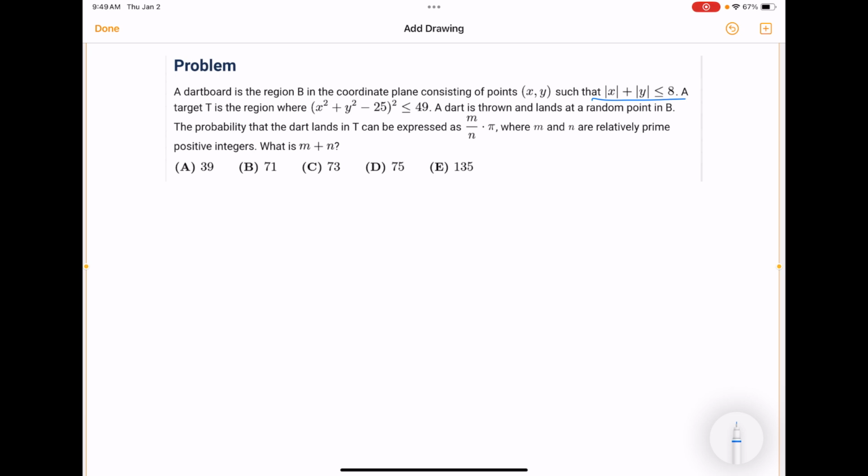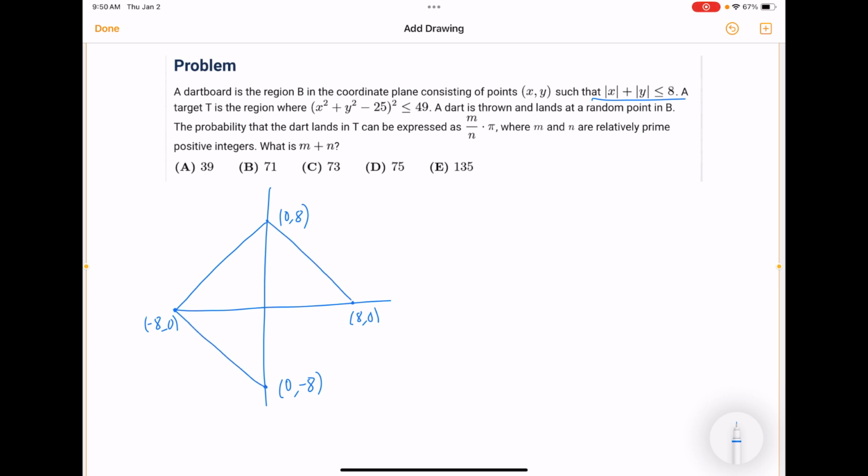So if we have a coordinate plane right here, the points of this square would be (8, 0), (0, 8), (-8, 0), and (0, -8). It'll look like this, and then we can connect it. So this is what it represents.